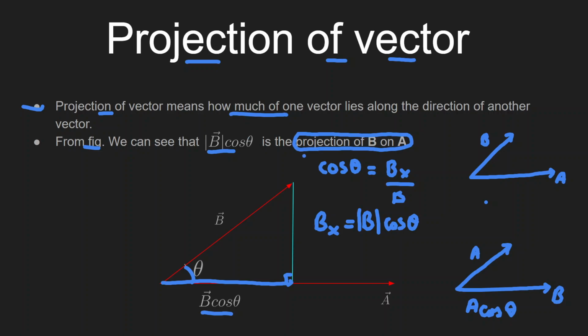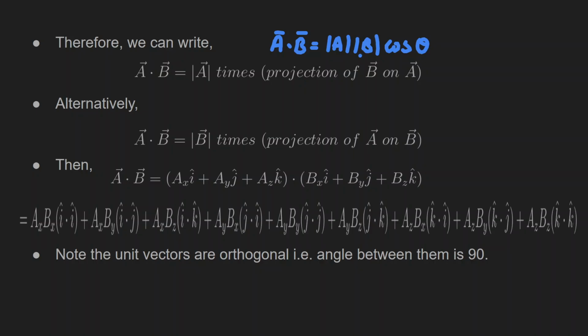We have just defined it, it is the projection of B on A. So A dot B we can write as magnitude of A times the projection of B on A. Or alternatively, since A cos theta is the projection of A on B, A dot B is the magnitude of B times the projection of A on B.